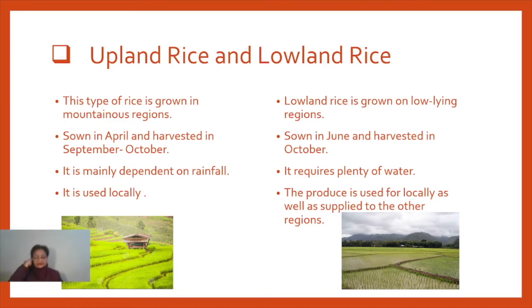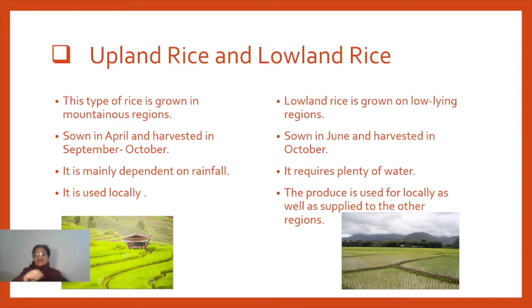Besides this, one more thing I want to discuss here is the two methods of cultivation of rice. The first method is generally called the dry method of cultivation. And the other method is called the wet method, or many times we also call it the puddled method.